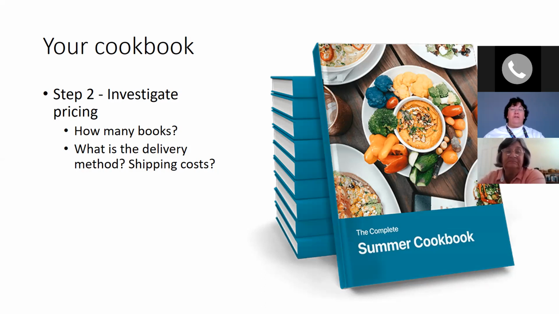If, however, you decide to have a quantity of 1 and you get it professionally bound, via, let's say, Shutterfly or even one of our local office supply stores, they may tell you, okay, to be able to do that with the style that you're looking for, it may be a cost of $50 because you only have 1 cookbook that you're generating. Is that in your budget? Yes, no. Again, give yourself a reality check as you move into the next step.